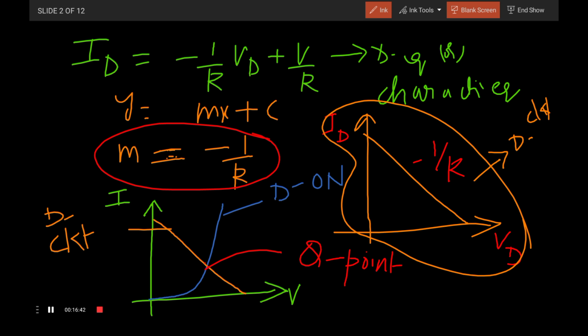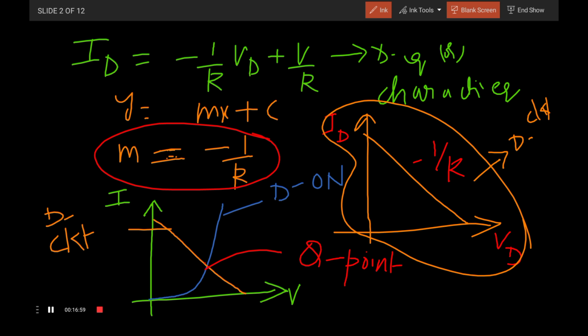At this point, the diode operates in the circuit because V and R are fixed. That's why this fixed point is called the quiescent point.